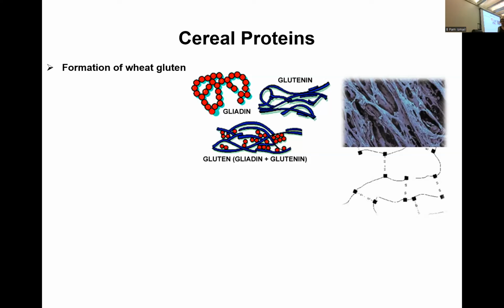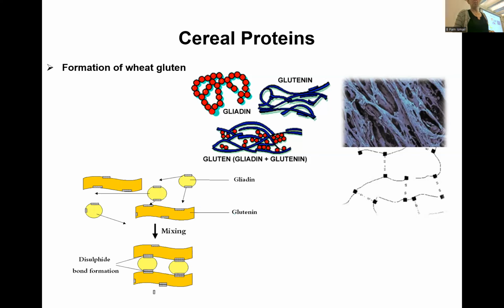Hydrogen bonding is the first one that happens, with formation of intermolecular beta sheets between the different molecules, facilitating, when they come in close proximity, the disulfide linkages to form this viscoelastic material.